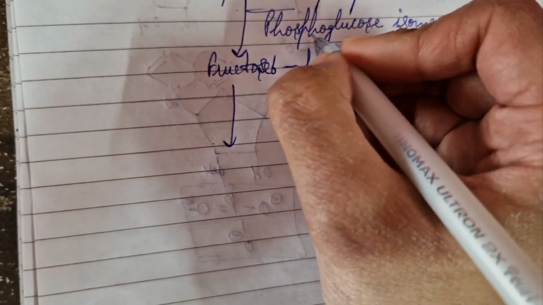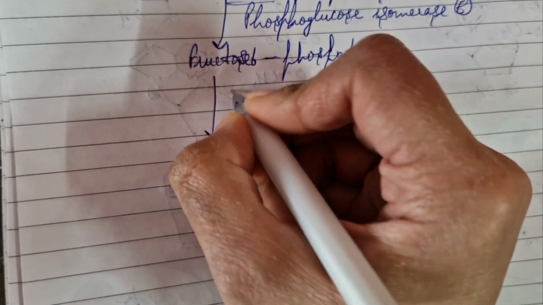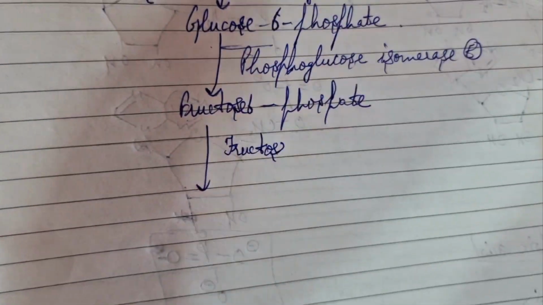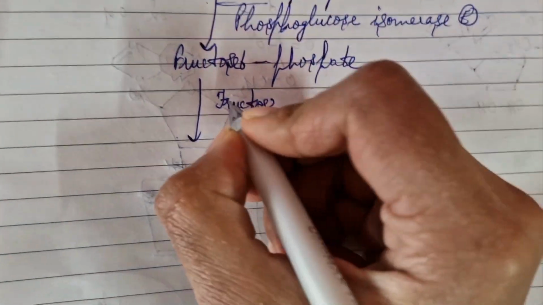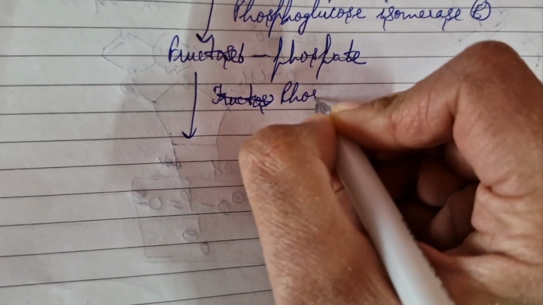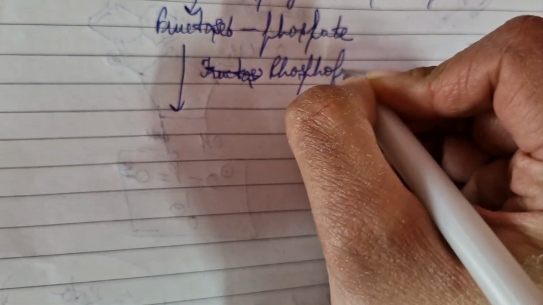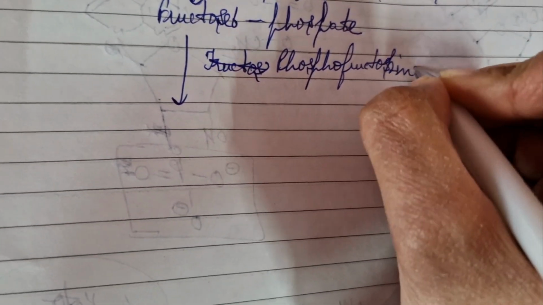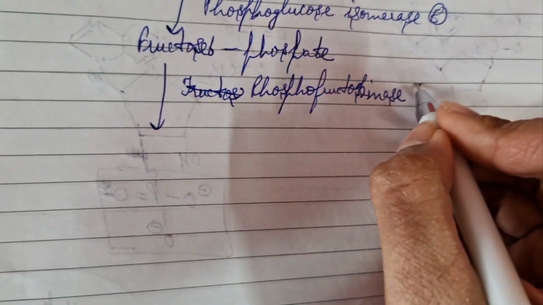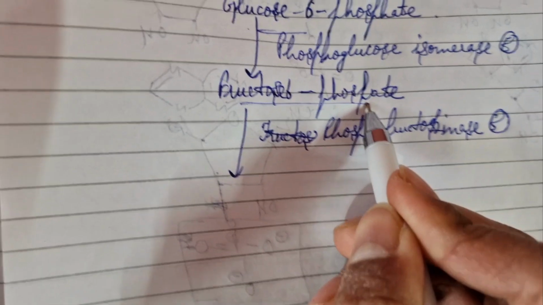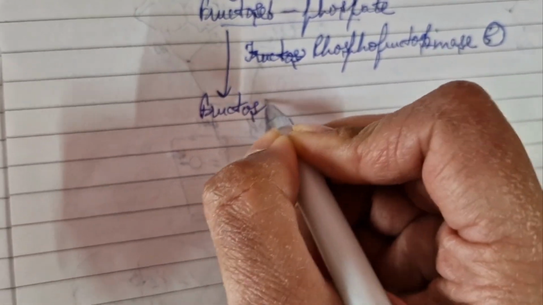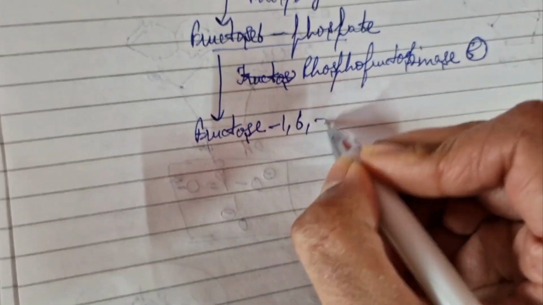Then, in the presence of the enzyme named phosphofructokinase, fructose 6 phosphate gets changed into fructose 1,6 diphosphate.